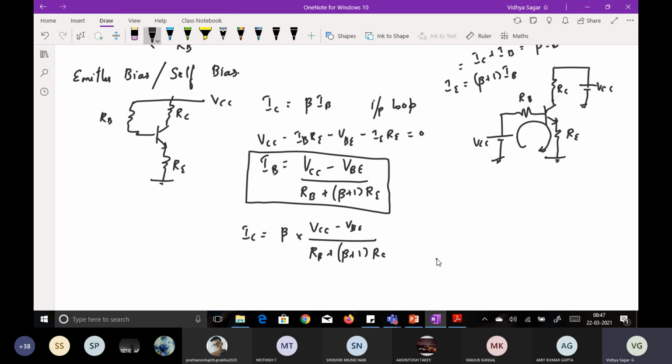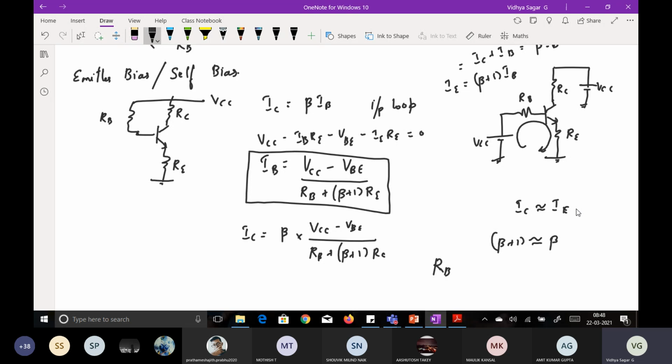So now I'm going to approximate: you know beta plus 1 is approximately equal to beta. That is what we are using. So IC is approximately IE. I told you, right?